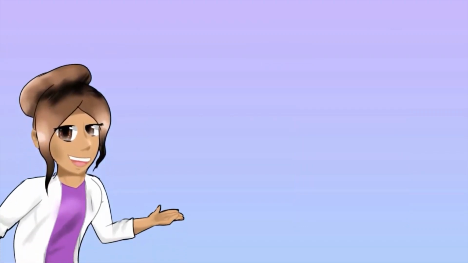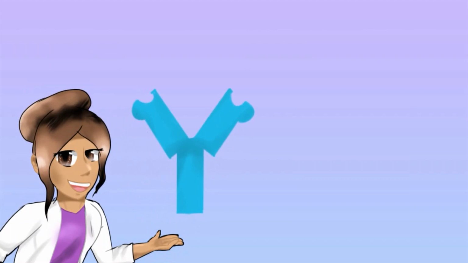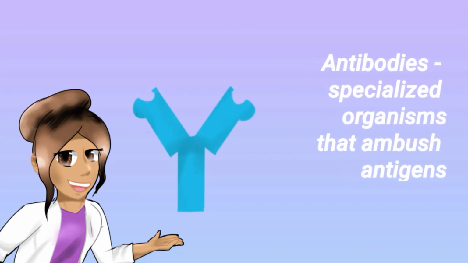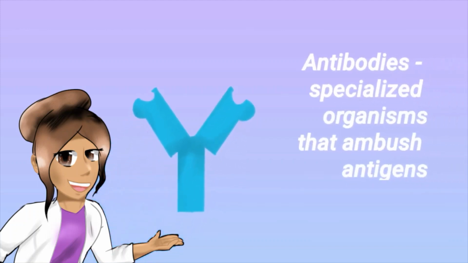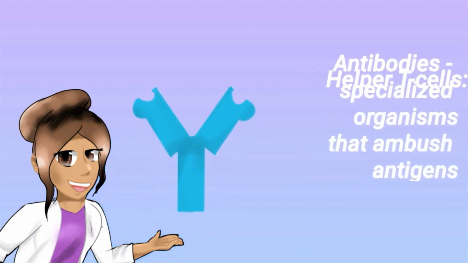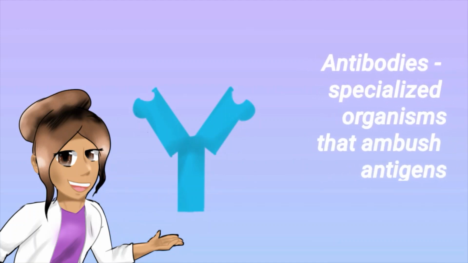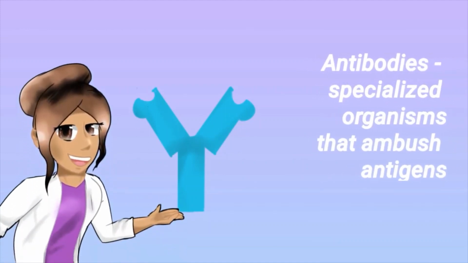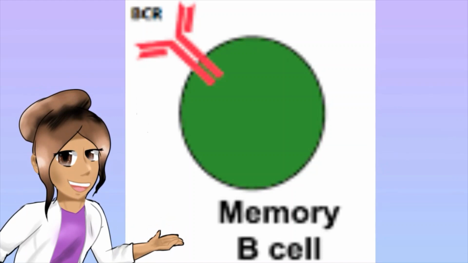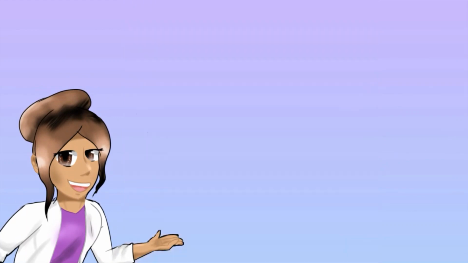B cells aid the body during breaching by creating specialized antibodies to fight specific antigens. These chemicals that B cells release, antibodies, are secreted organisms that ambush circulating antigens. There are also memory B cells, which memorize the information from collected pathogens after breaching.